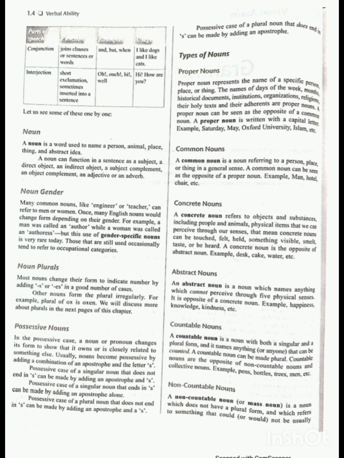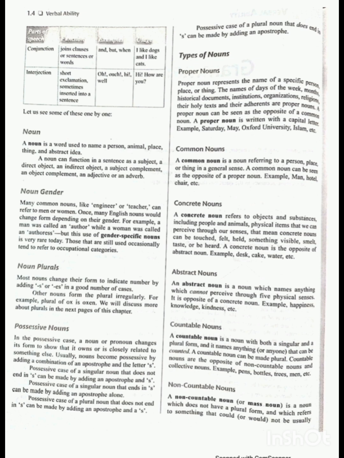A countable noun is a noun that can be counted physically. In this case, a singular and a plural noun will both be counted as countable nouns because both can be counted. Say a pen and 2 pens, both are countable nouns.